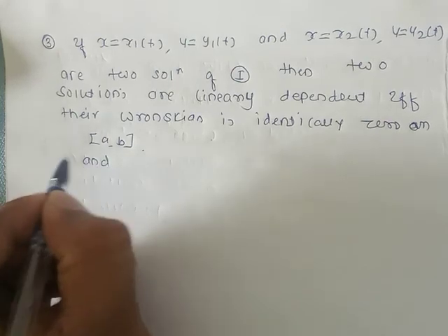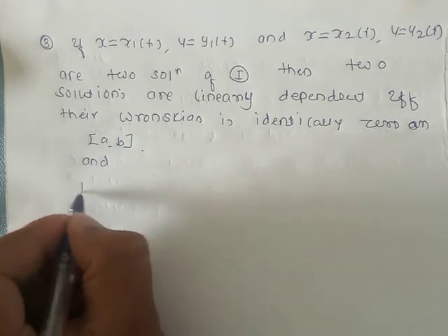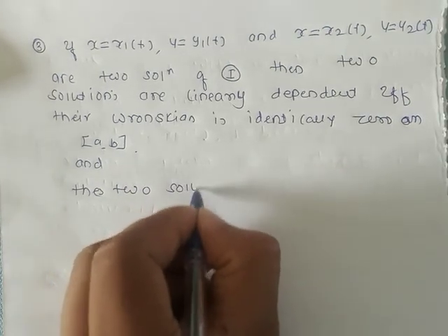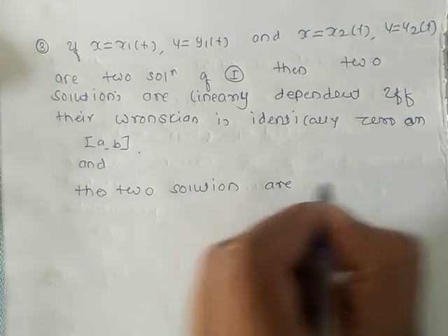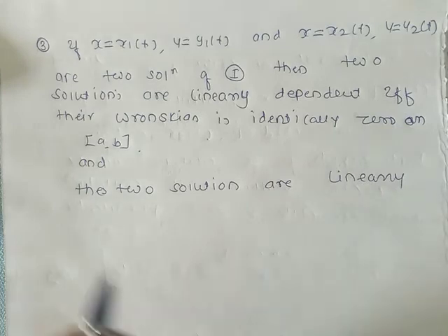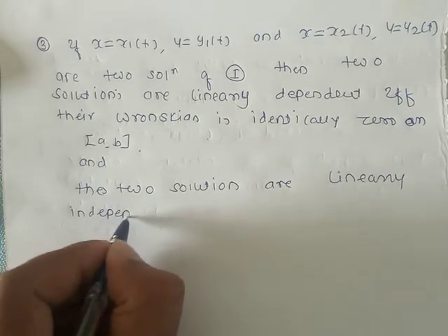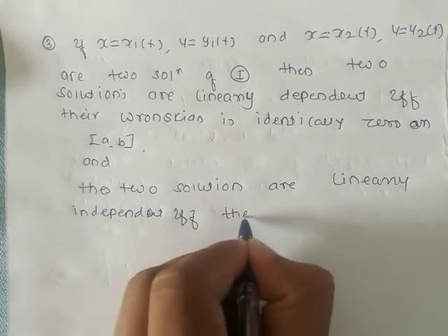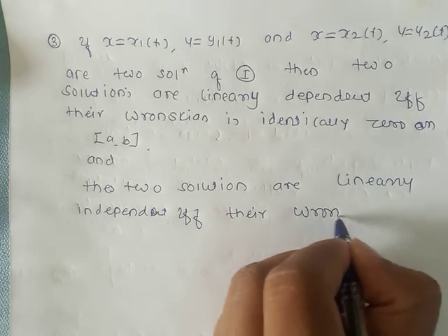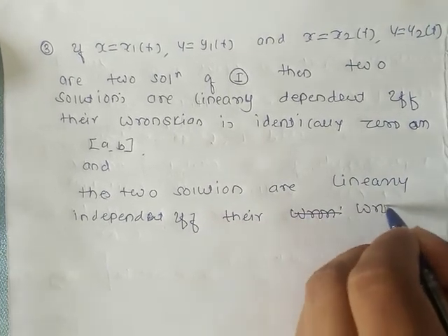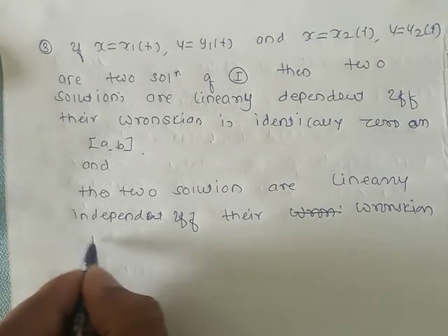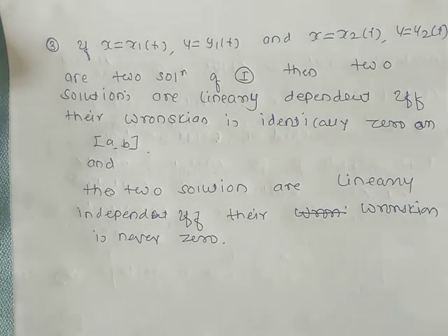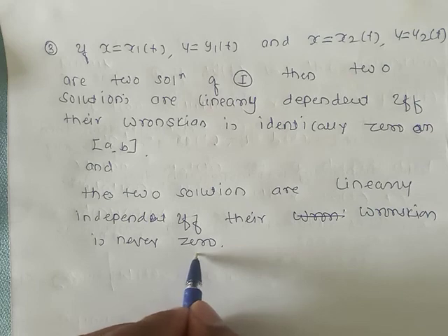And these two solutions are linearly independent if and only if their Wronskian is never 0, or we can say non-zero at least at one point, because if the Wronskian is non-zero at least at one point, then it is never 0.